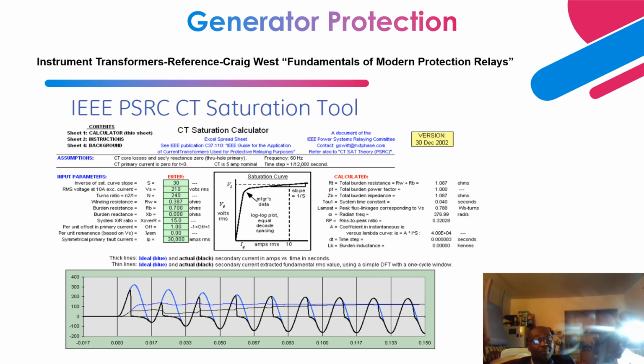Then this is the maximum symmetrical fault current that you are expecting, and this is basically where you do either manual calculations or system settings to determine the available short circuit in the zone that is being seen by the equipment. So based on that, you determine whether the CT that you have selected will saturate or not.